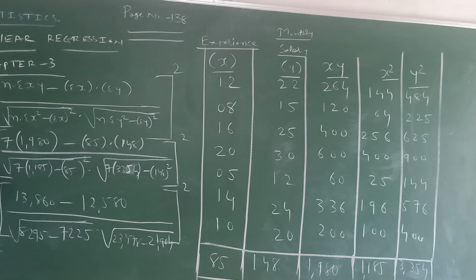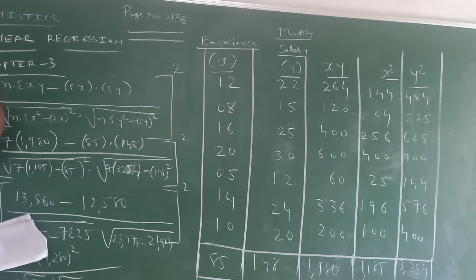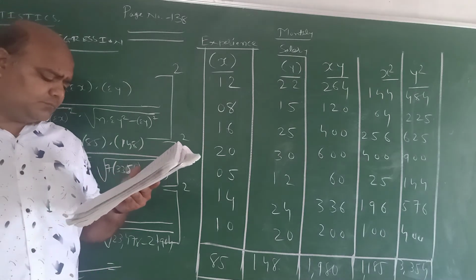Finally, we got 1280, the square, and in the denominator we have 1070 and 1574. You can do the simplification with your calculator.